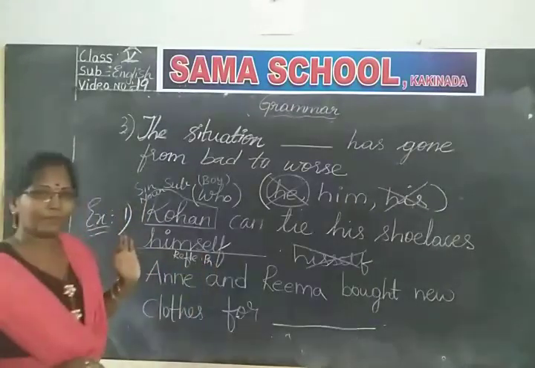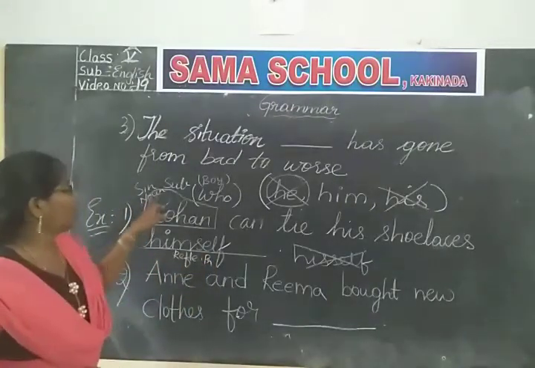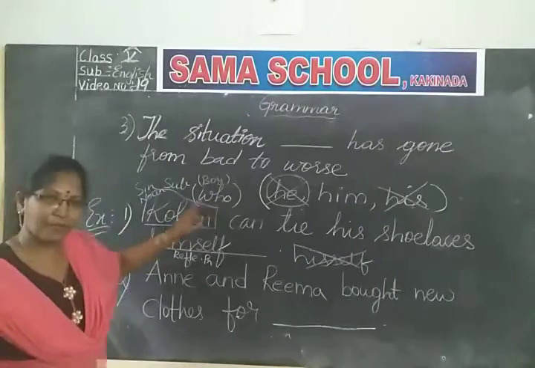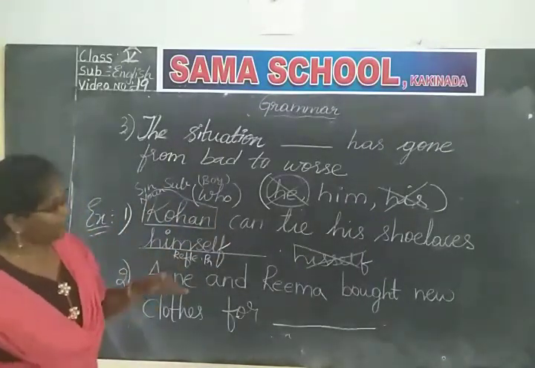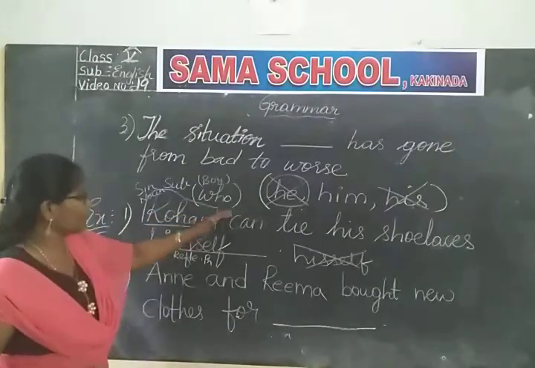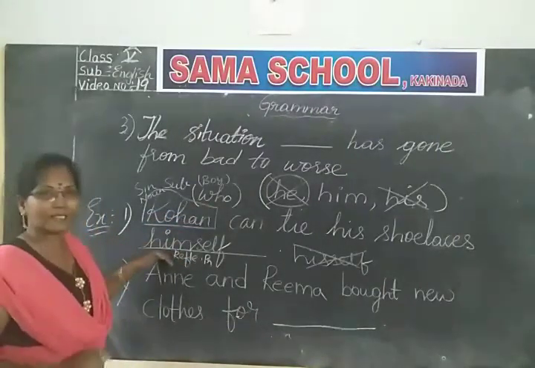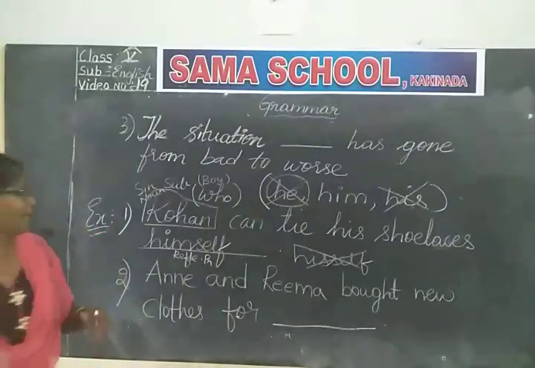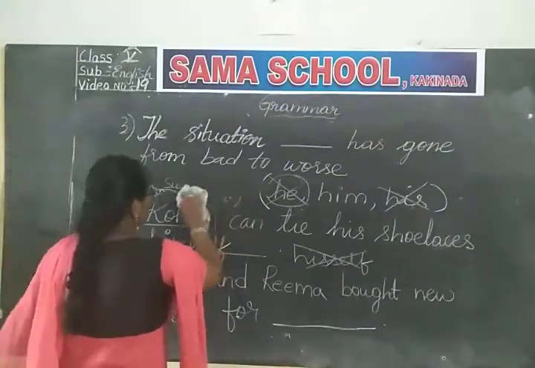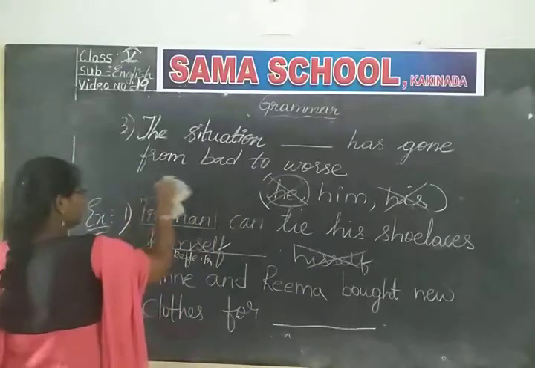Clear, children? If it comes next to the subject only, we consider it as an emphatic pronoun. So it is not next to the subject. That's why we consider it as a reflexive pronoun. Clear? Coming to the second one.